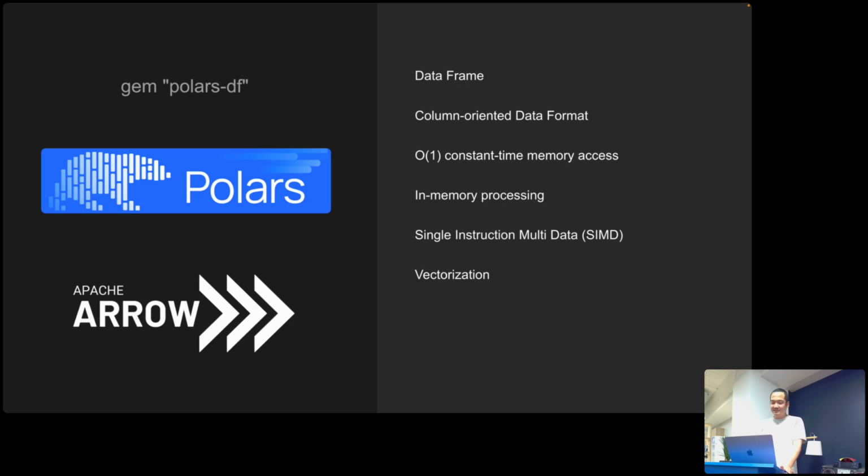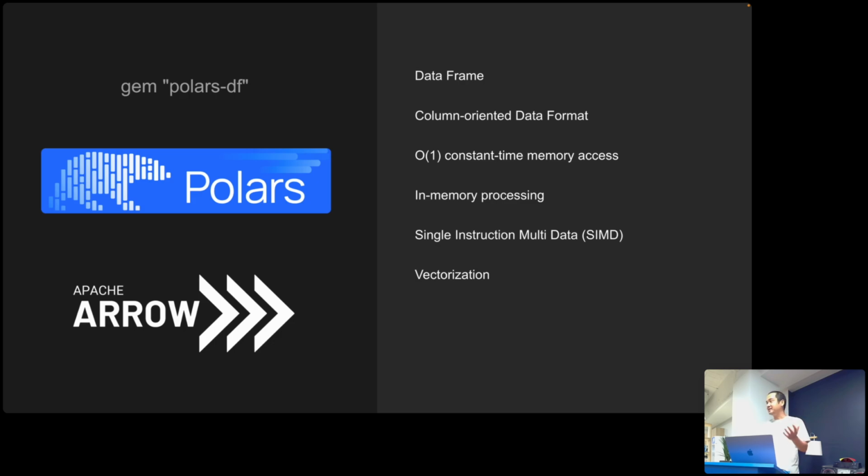But Polars takes it to another step on top of pandas, and pandas is following Polars on this as well. Polars uses a technology called Apache Arrow. Apache has been involved in a lot of these data processing projects: Apache Spark, Apache Flink, Apache Parquet.